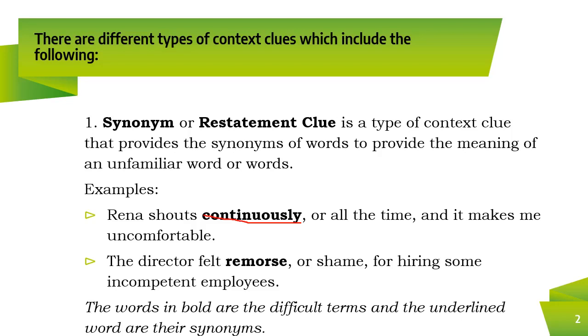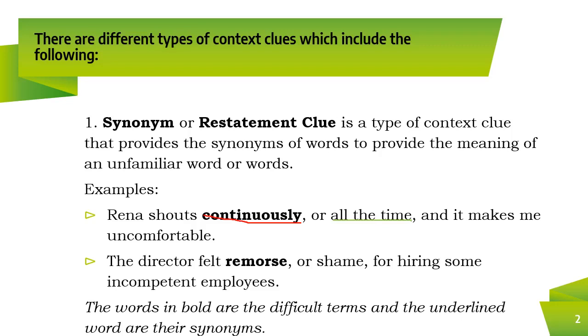So what do you think is synonymous to continuously? Okay, you are correct. It's all the time. So all the time and continuously are synonymous. They have the same meaning. So we can say that continuously means all the time or always.